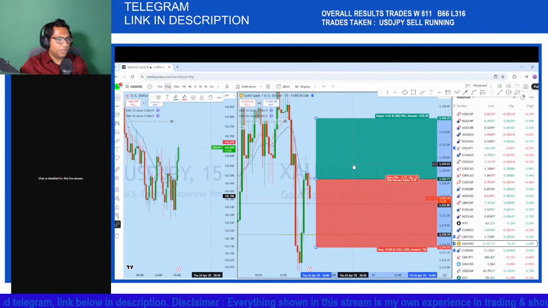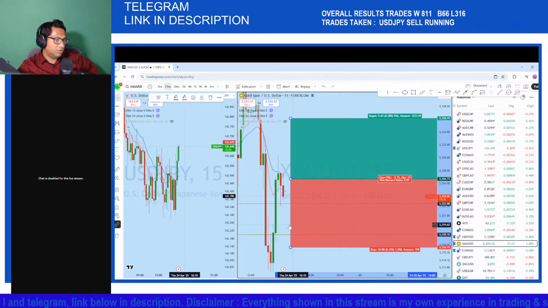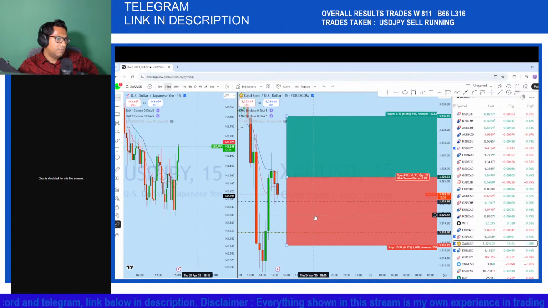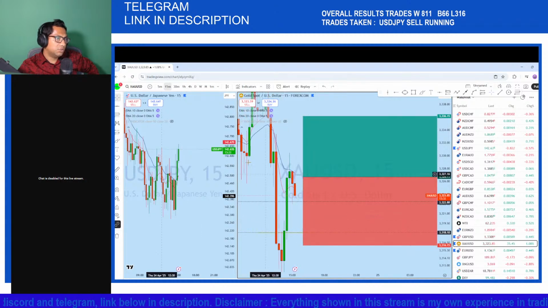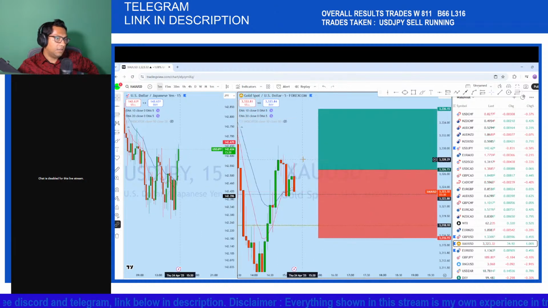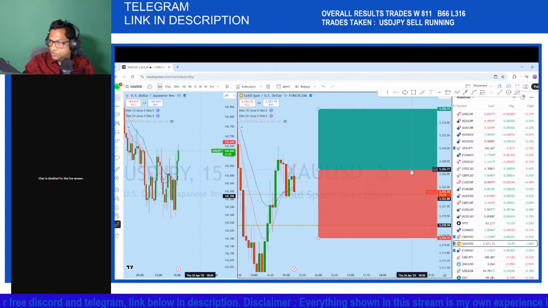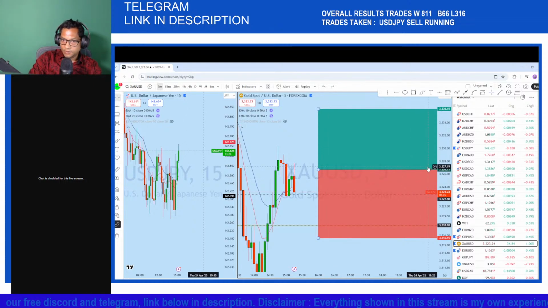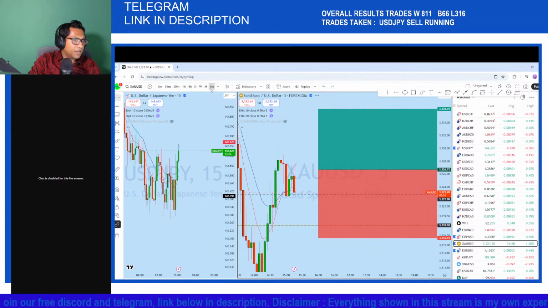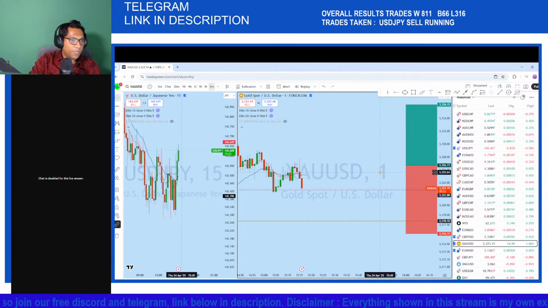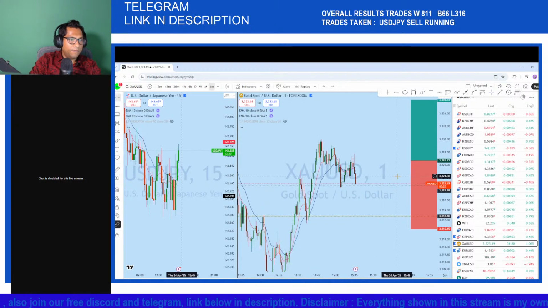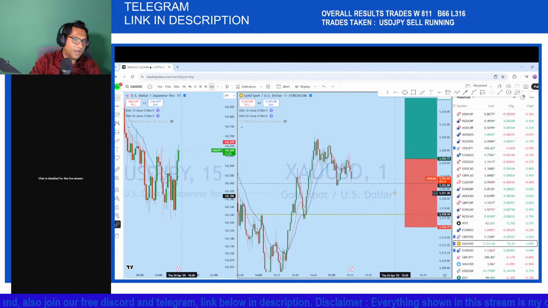Okay, the 15 minutes price action on XAUUSD after the candle close. Again, this is where we can see the market is not being able to break that high.